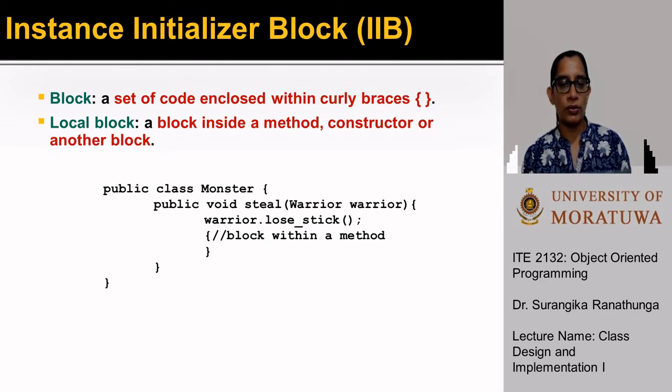The block belonging to the class because it has a pair of curly braces, the block belonging to the method, and another block within the method. So as you can see, a block can appear within a method, another block, or a constructor. And a block can appear within a class in any place. That means within a constructor, within a method, or outside any method or constructor as well.